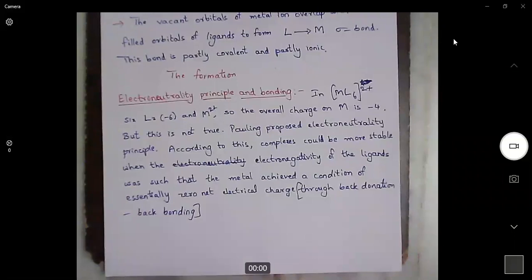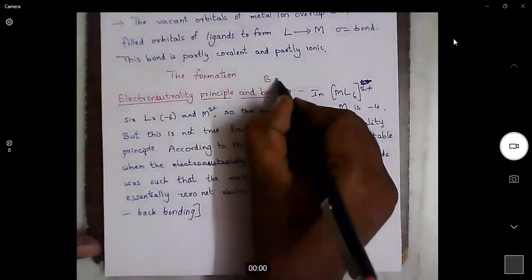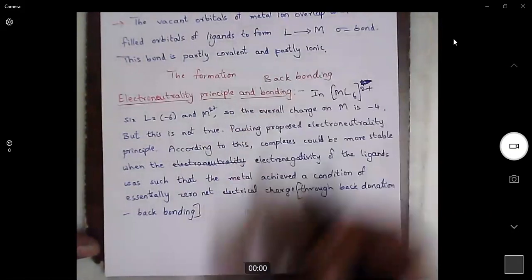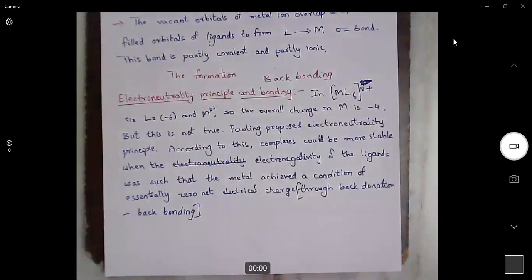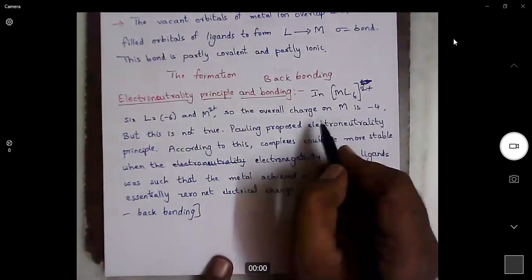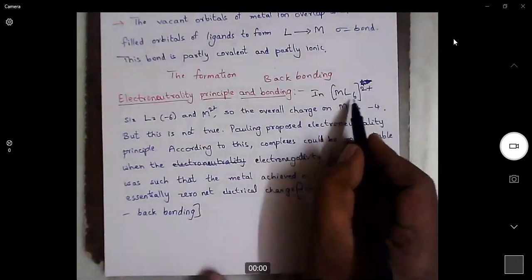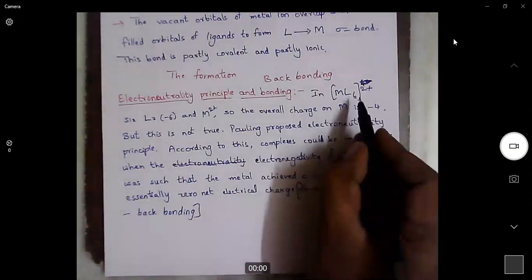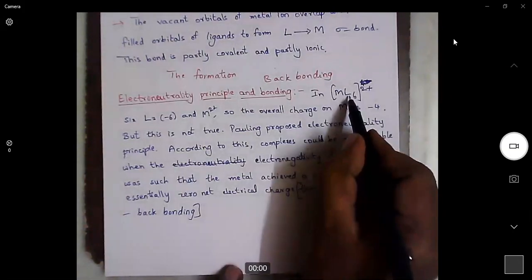Now we will look at the electroneutrality principle and back bonding. What is this electroneutrality principle? For example, if you take a complex of ML6 2+, each ligand will give one lone pair of electrons.